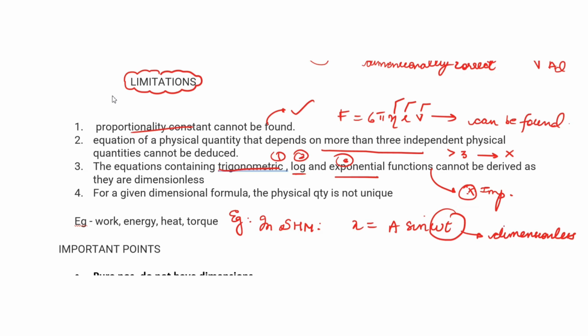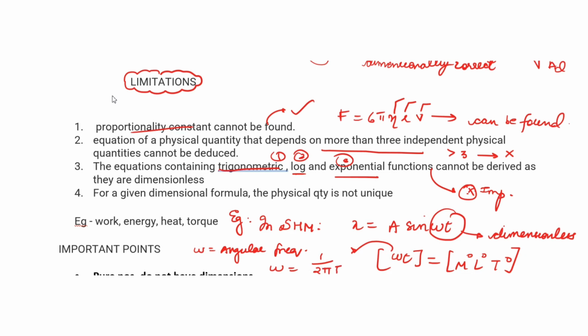Angular frequency is equal to 1 by 2 pi T, where T is the time period, and there is already a t in the numerator in omega t. So both the t will get cancelled, and omega t, this whole thing, will become dimensionless. So that's why I told you trigonometric functions are dimensionless. What is the dimensional formula? M power 0, L power 0, T power 0, which is simply dimensionless.